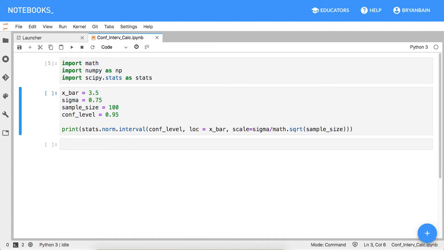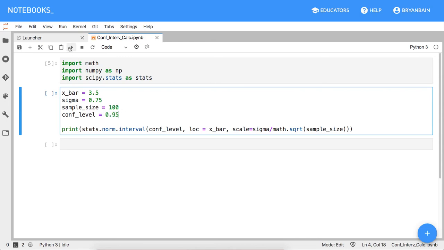So we can also use computers to do this for us. I'll link this code in the description, but we have our imports here, typical imports. Here I have my X bar is 3.5 minutes, my standard deviation is 0.75, my sample size of 100, and the confidence level is 95%. So make sure you enter it as a decimal.